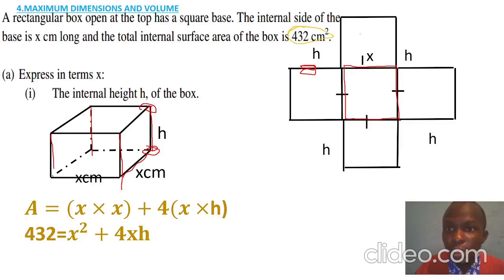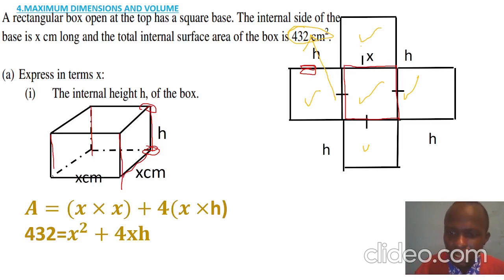So take this, add this, and you add this plus this. The total surface area must add up to 432. But then there are four figures here which are the same.